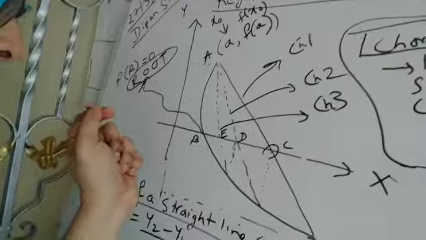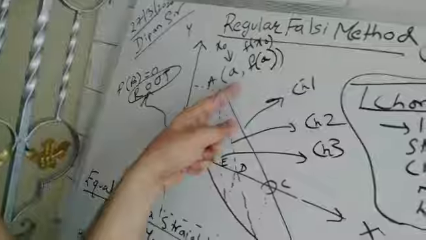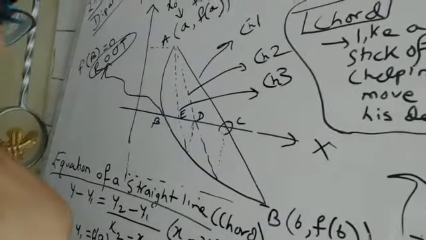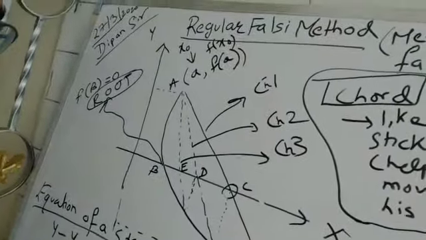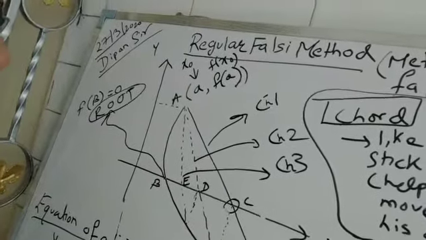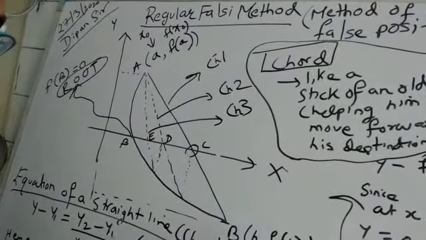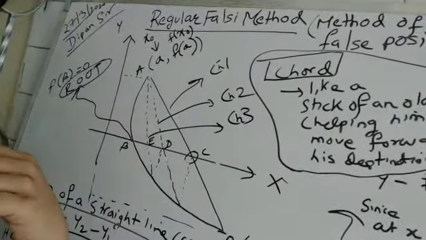That means we have chosen A and B, with FA positive and FB negative. So your first step is to choose an A such that its corresponding FA is positive, and B such that FB is negative, or you can do vice versa, no problem.